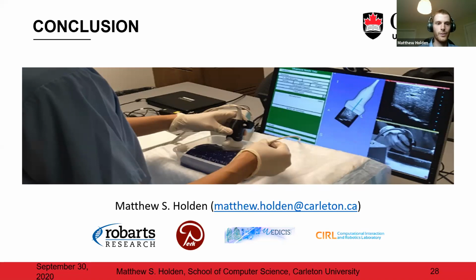So the primary software environment we work in is a medical imaging platform called 3D Slicer. And so this is a medical image computing and image visualization platform.